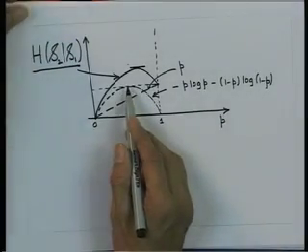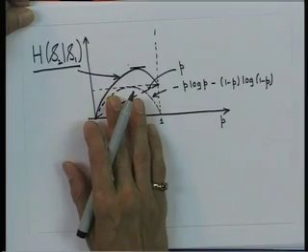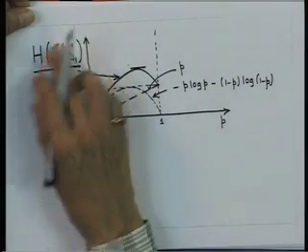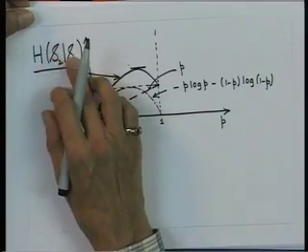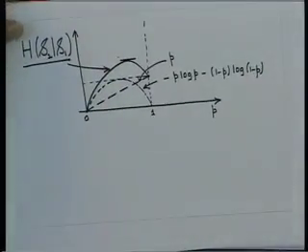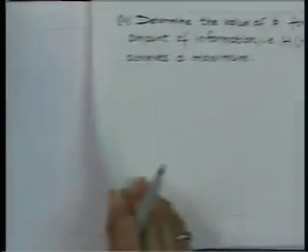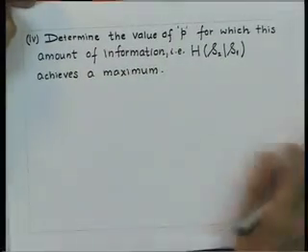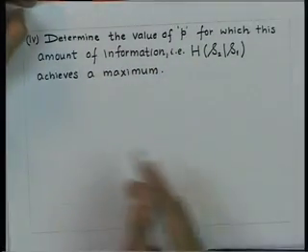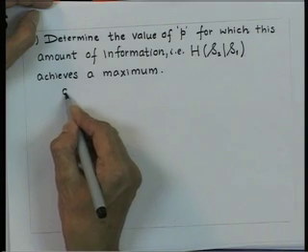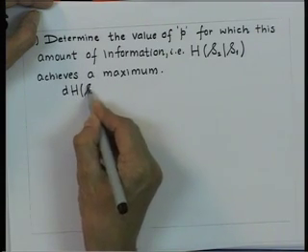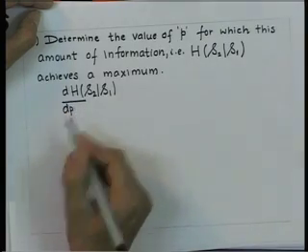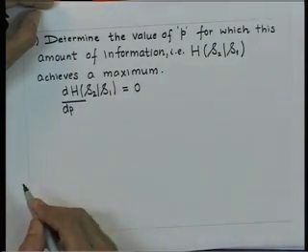So, to determine the value of p for which this amount of information, that is H of S2 given S1, achieves a maximum, it is not very difficult. It is given by the derivative of H of S2 given S1 being equal to 0.